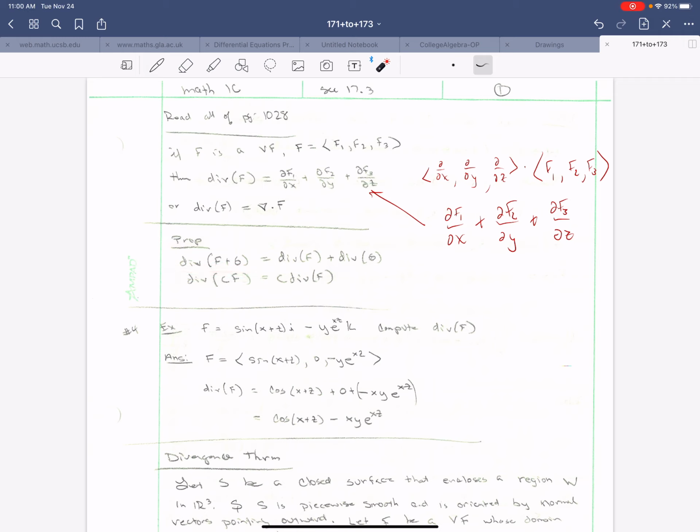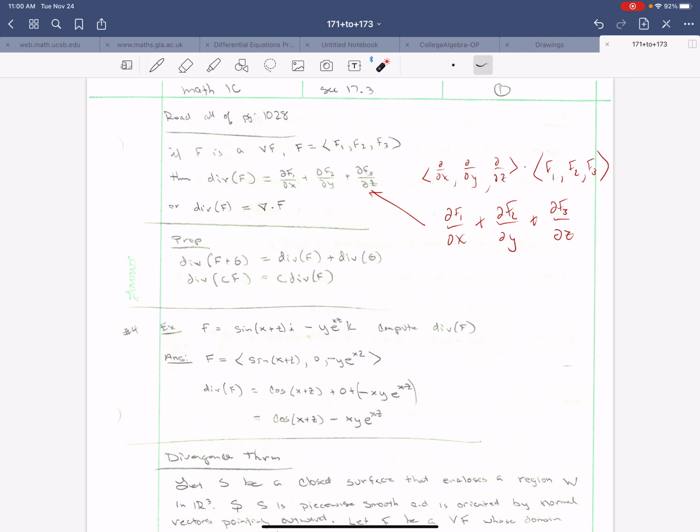And that is true. If you have two vector fields added together and you wanted to know the divergence of that resultant vector field, you could just take the divergence of each vector field and add them together, and that would come out to be the divergence of the actual summed vector field. The second property just says that constants can still pull out, and that is still true.